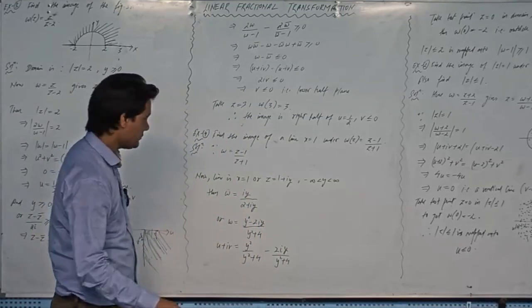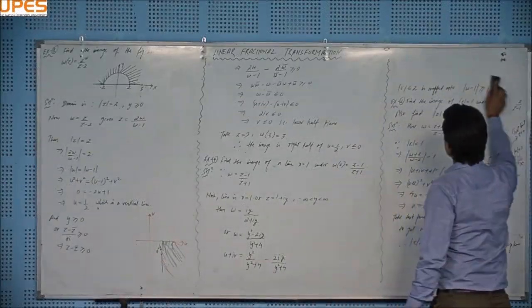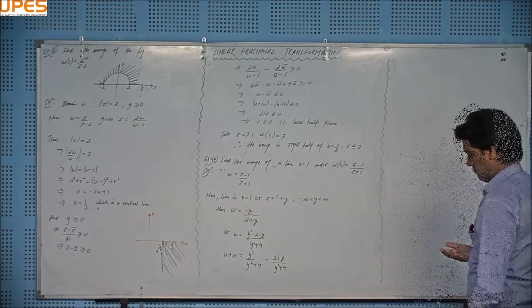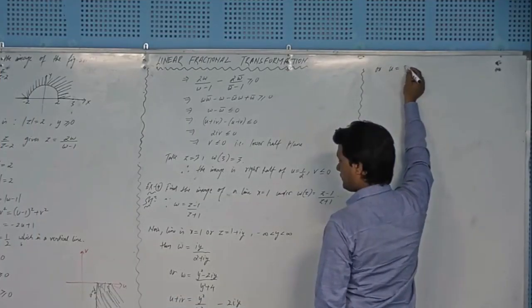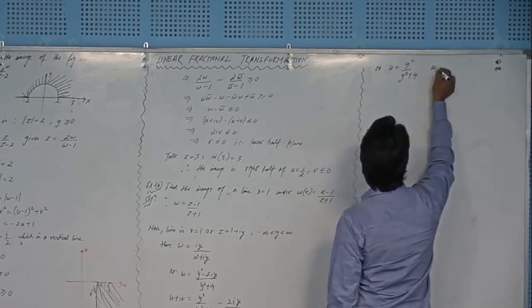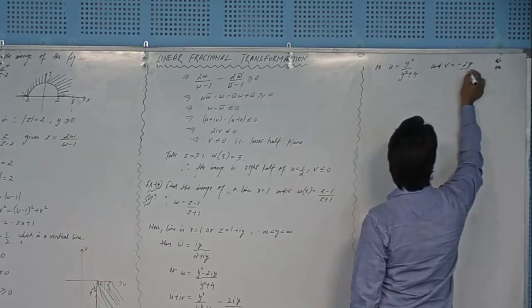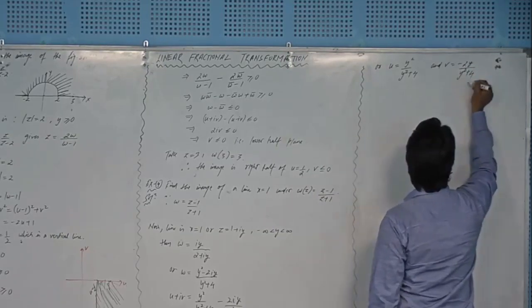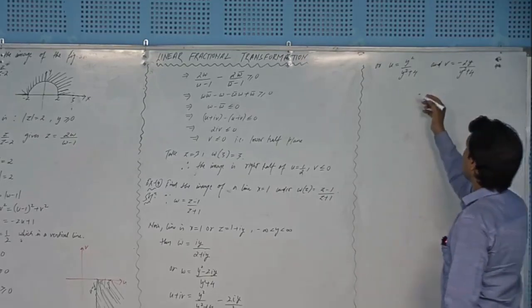Equating real and imaginary parts, you will get u equal to y square over y square plus 4, and v equal to minus 2y over y square plus 4. Now I need a relationship between u and v, and for that I have to divide them.